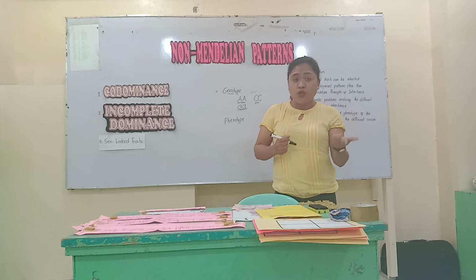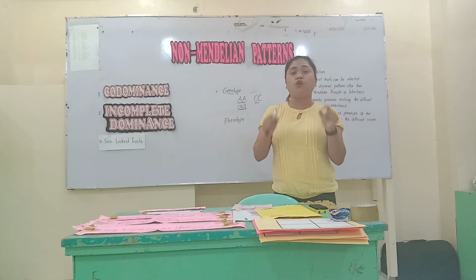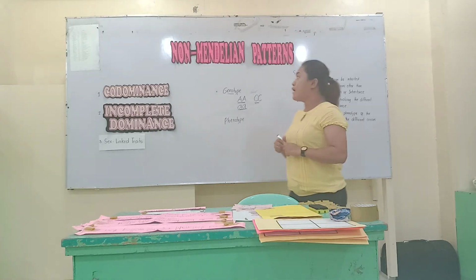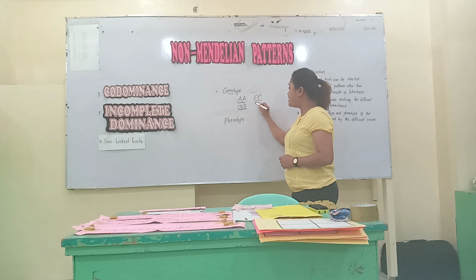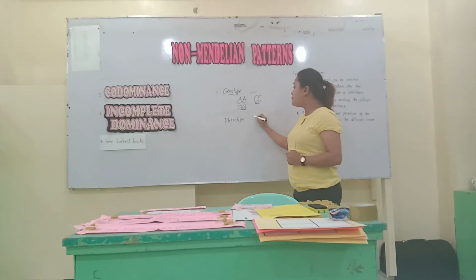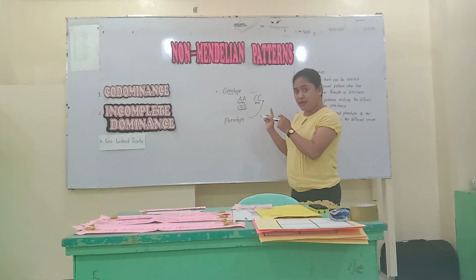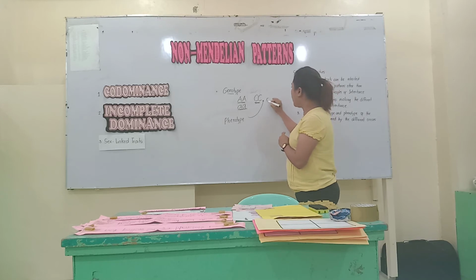So, phenotype is a composite of the observable characteristics or traits of an organism. For example, if you have a genotype CC, the phenotype, I can say that CC is a genotype for curly hair.